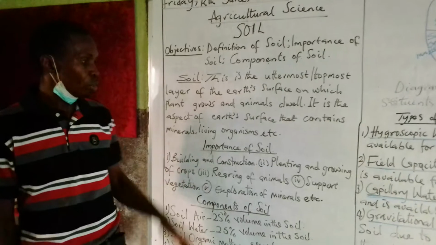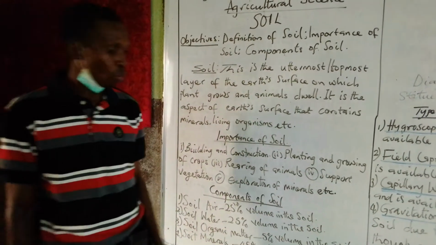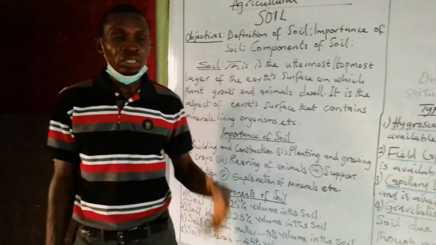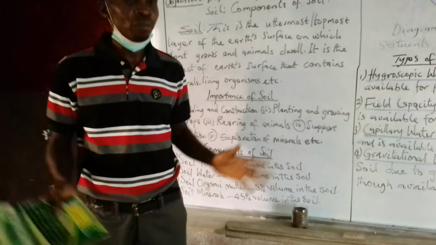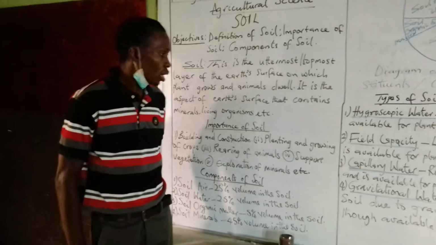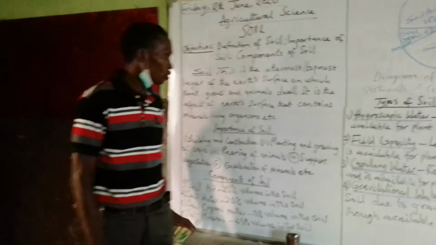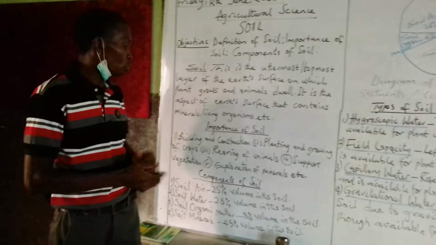The importance of soil has to do with, one, building and construction. Sandy soil is used for what? Construction of houses, farm buildings, and all that. But we also have other examples of importance. You have planting and what? Growing of crops.